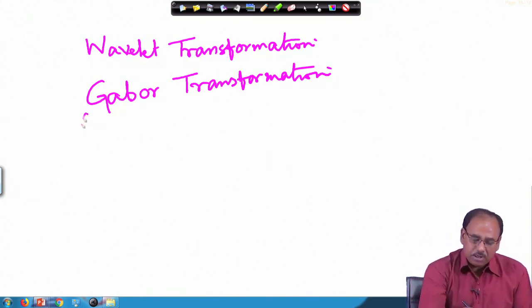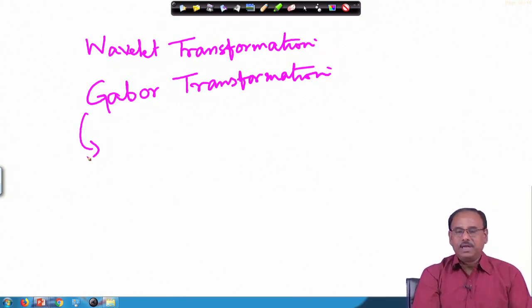In the case of Gabor transformation, this is very interesting. Gabor transformation is nothing but a filter which is a cosine modulated Gaussian envelope, and that can be oriented in various directions. As it is a cosine modulated Gaussian, I have two parameters there.